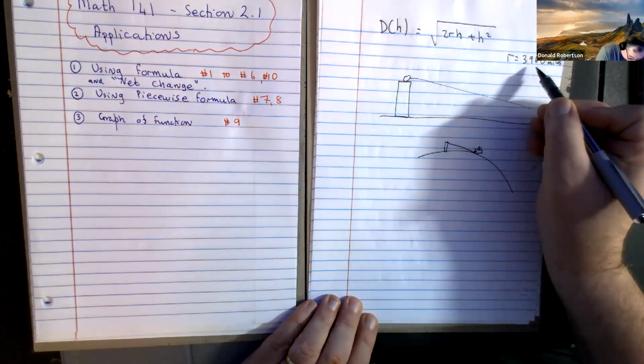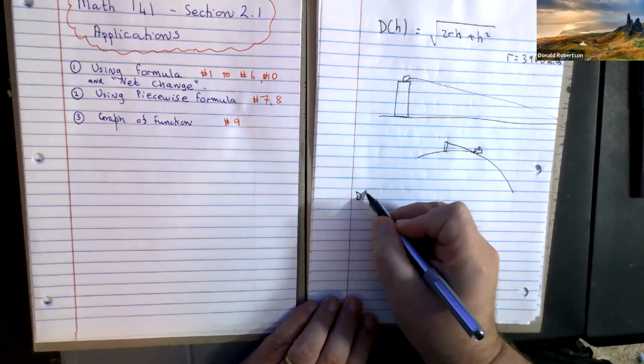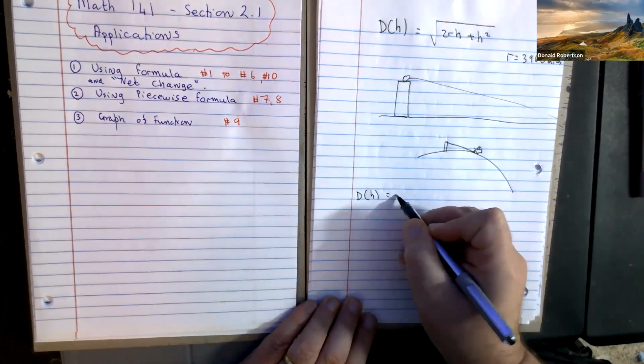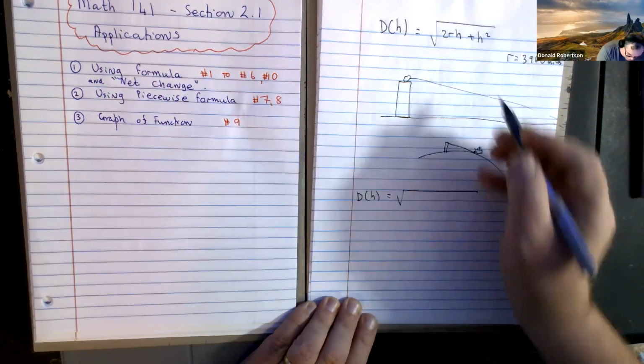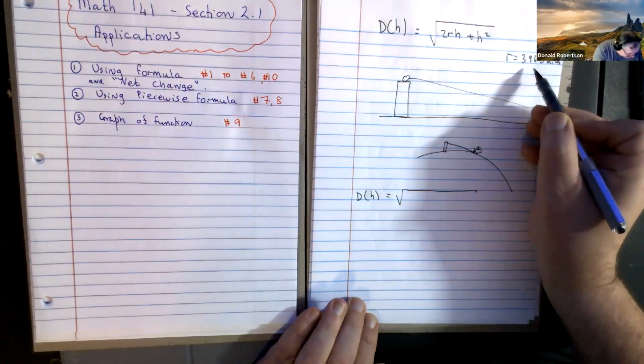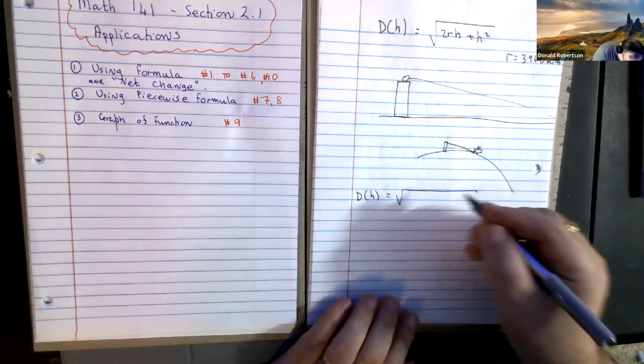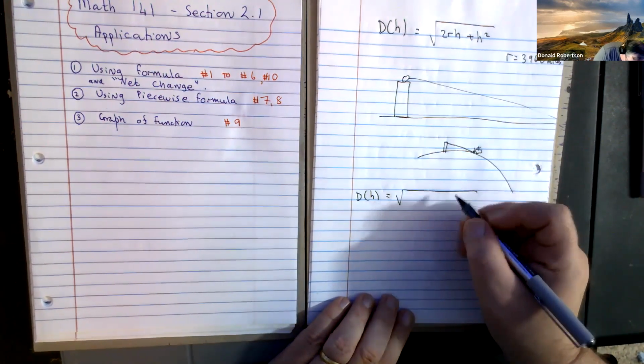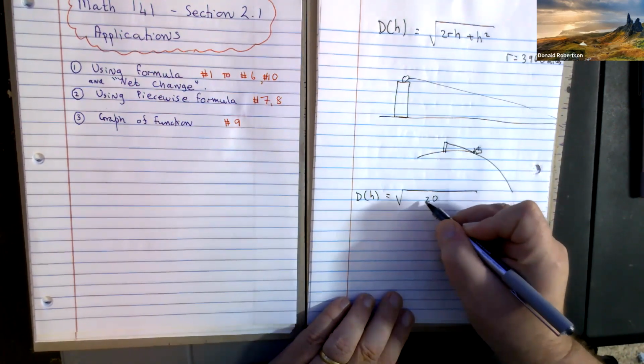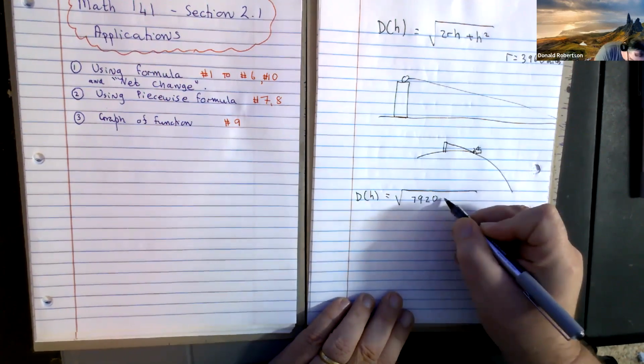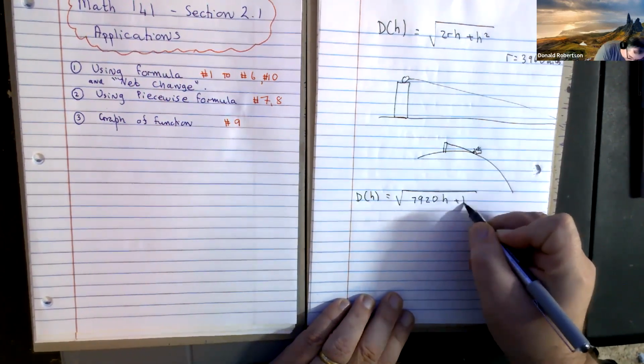Now, since they told me the radius, I'm going to rewrite the formula as the square root of 2rh, which is twice 3,960, so it's 7,920, times h, plus h squared.